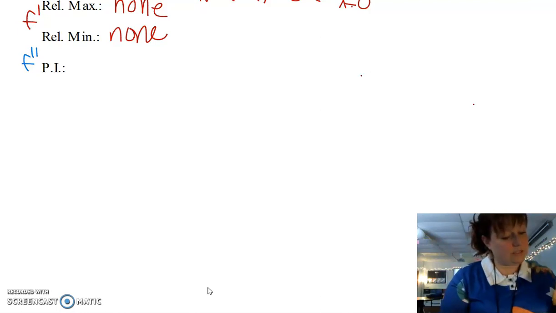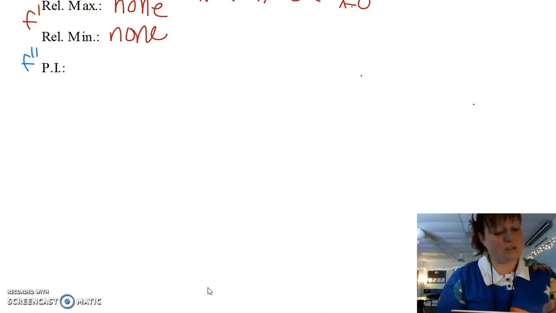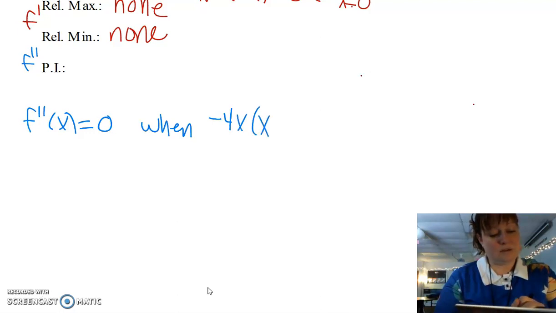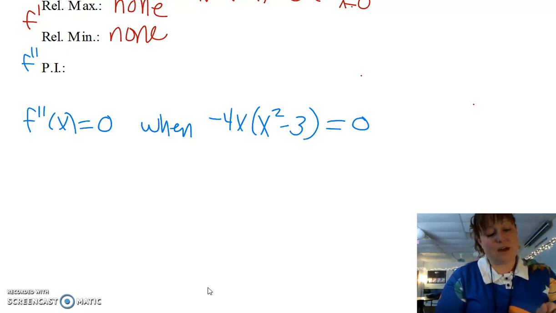Okay, so it's equal to 0 when the numerator is equal to 0. f double prime of x is equal to 0 when negative 4x times x squared minus 3 equals 0. So that's at x equals 0, because this term would be equal to 0 when x equals 0.